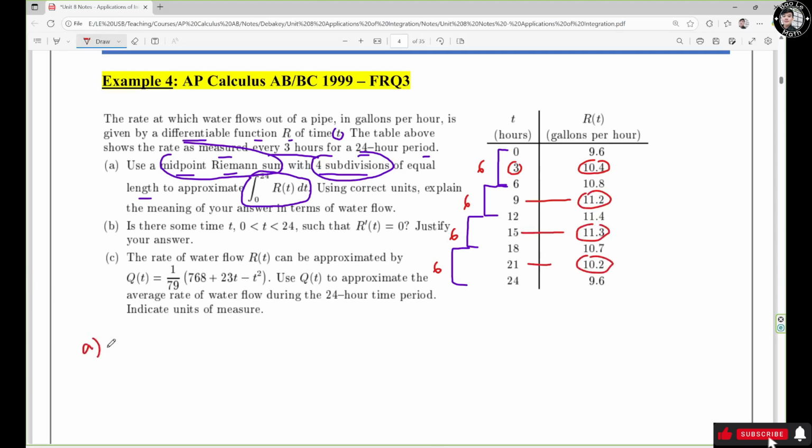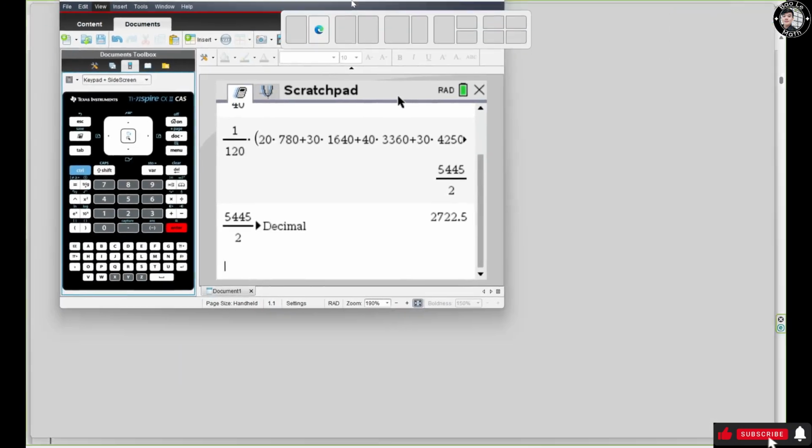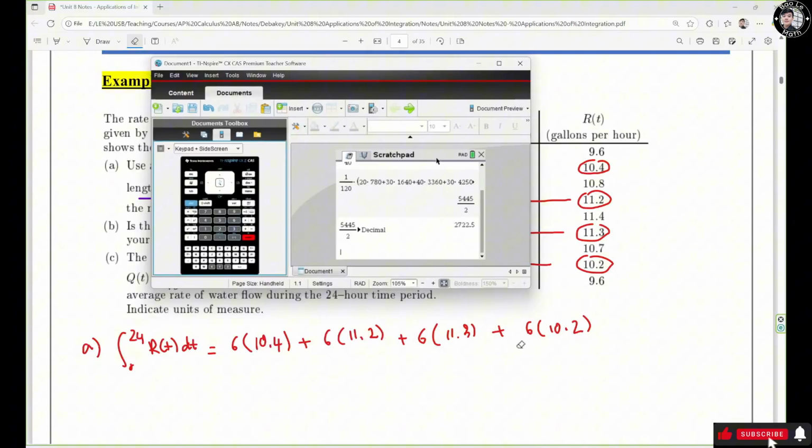So, the integral from 0 to 24 of r of t dt equals width times height, which is 6 times 10.4, right? Plus 6 times 11.2, plus 6 times 11.3, plus 6 times 10.2. I'm going to bring up the calculator. Alright, so I'm going to factor 6 out.